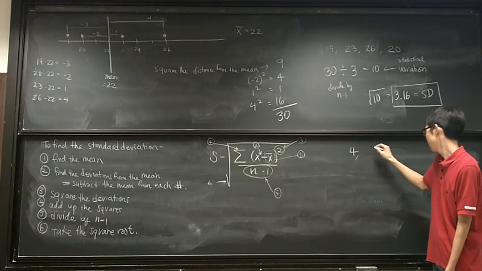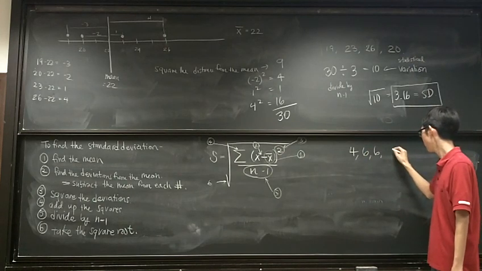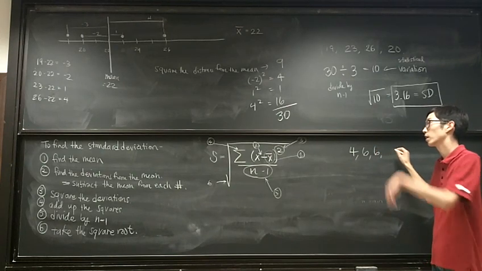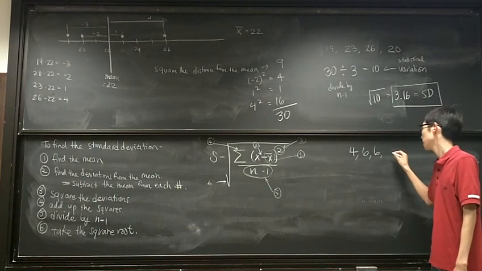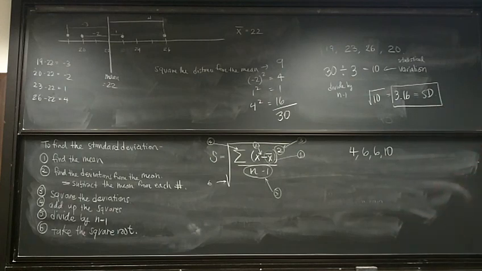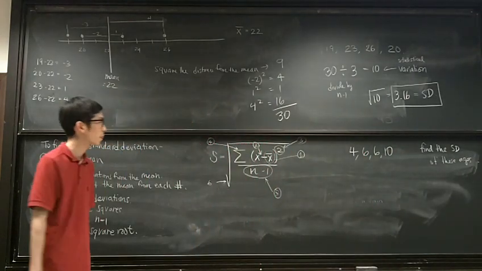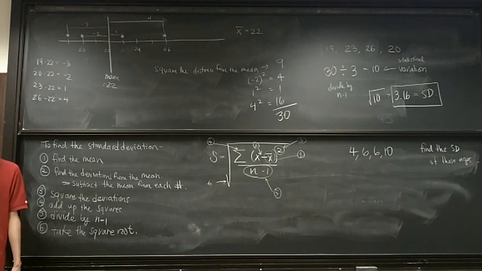Let's say you have 4 kids in this one group, and their ages are 4, 6, 6, and... Find the standard deviation of the ages. You just have to follow these steps right here.